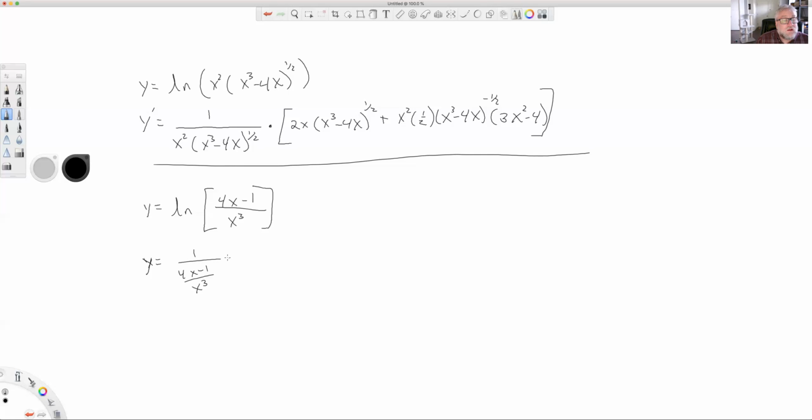We'll deal with that later. Times the derivative of this. So this is high over ho. So the rule is ho-de-high minus high-de-ho over ho squared. Ho times d high, derivative of the top is 4, minus high d ho, derivative of the bottom, all over the bottom squared.